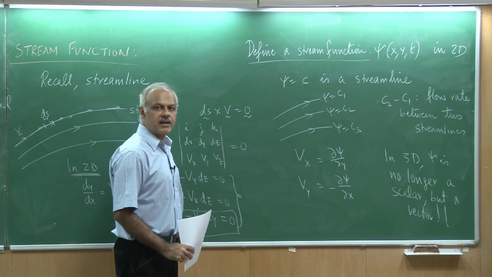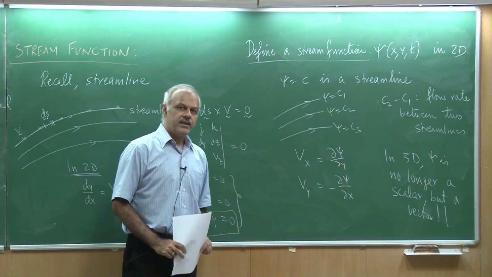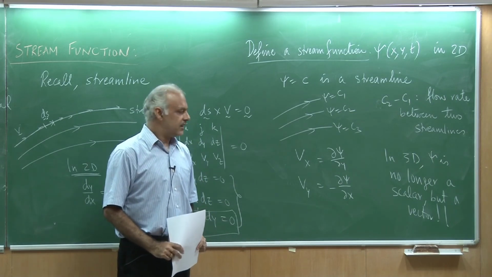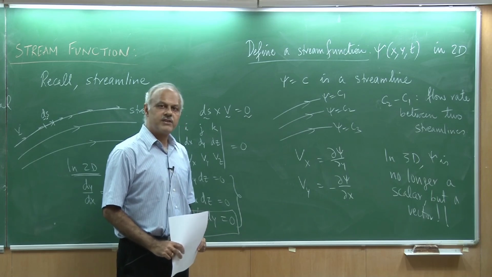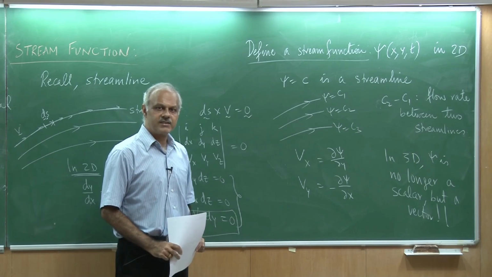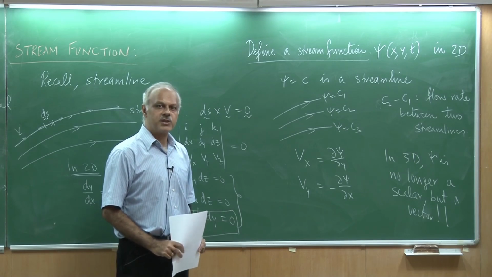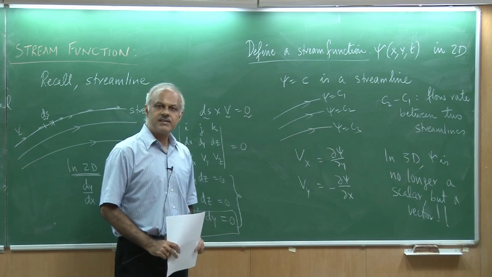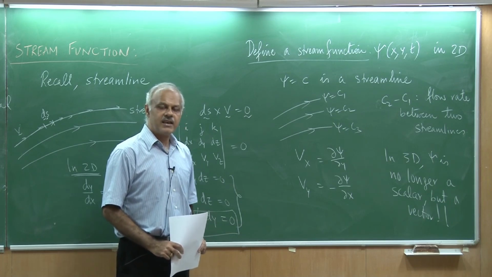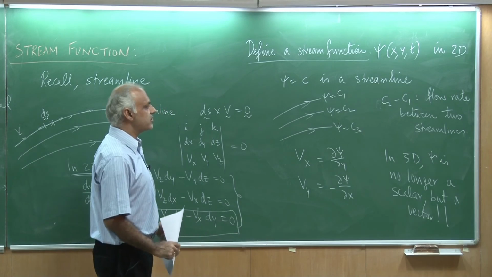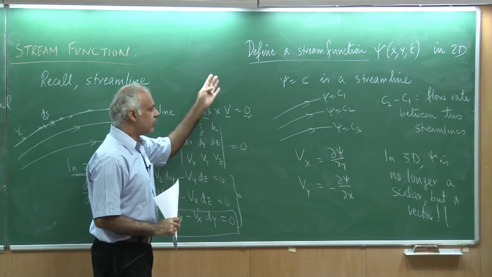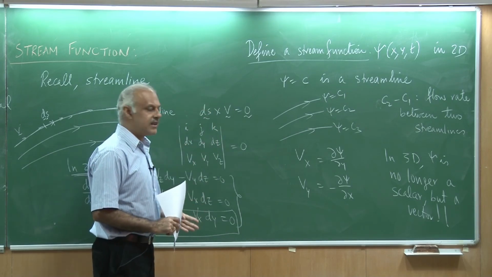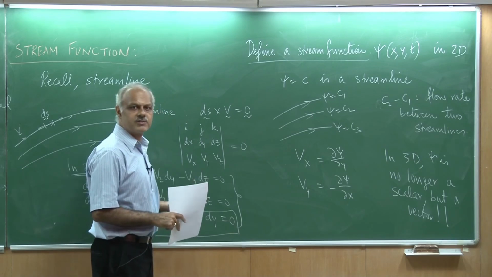Okay, so let me review what I have shown you. If you had an inviscid flow, then it is possible to further check if the flow is irrotational, and if it is inviscid and irrotational, you can define what is called the velocity potential. And velocity potential simply is a scalar, the gradient of which will give us the velocity field. Okay. But we can also talk about a stream function, and here we have not invoked anything about rotationality. A stream function would exist for all kinds of flows.